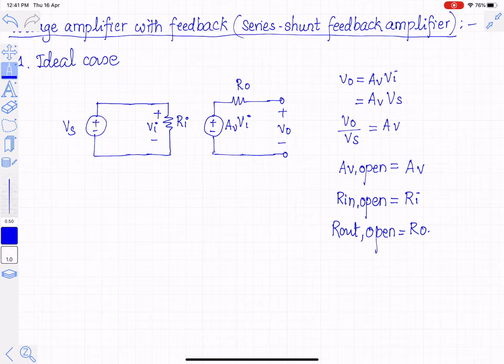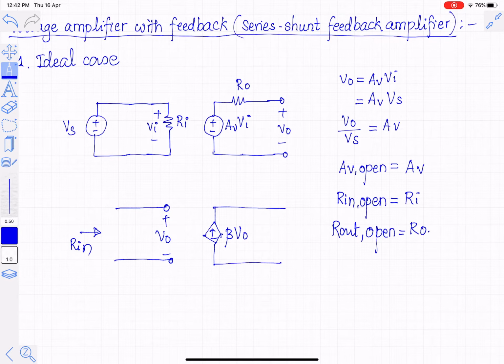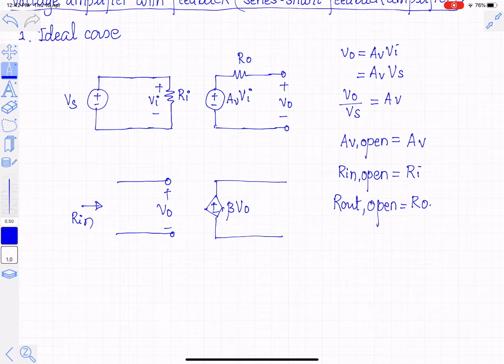In such a case, if it is ideal, the feedback network's input impedance Rin will be infinite, while the output side will have the voltage beta into VO, where the input voltage is VO. Output impedance is 0. So this is the feedback network. This is the input side of the feedback network, and this is the output side of the feedback network.